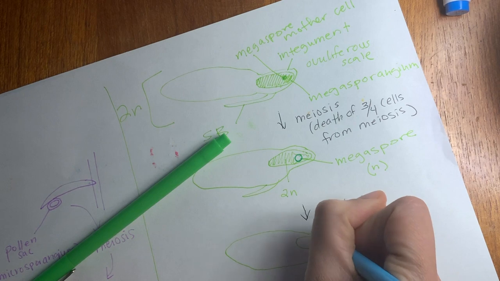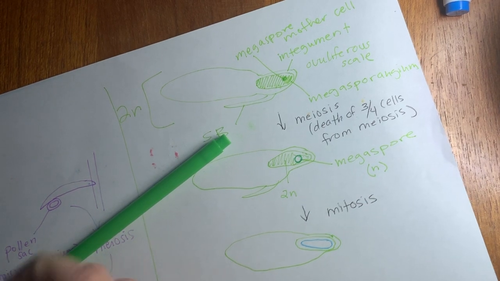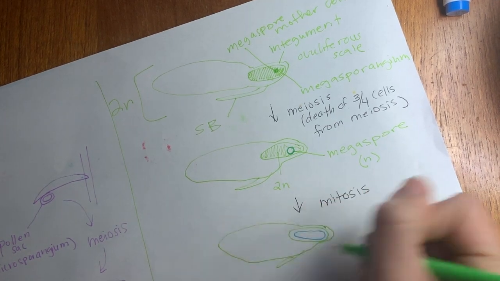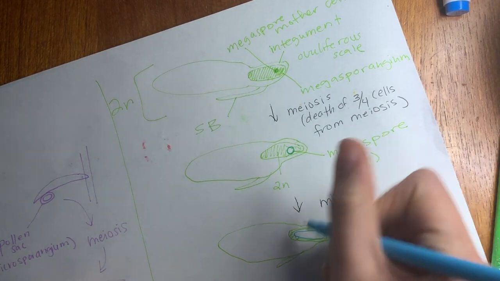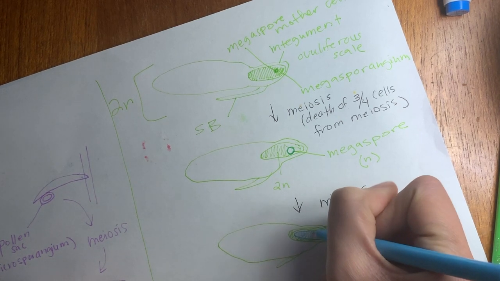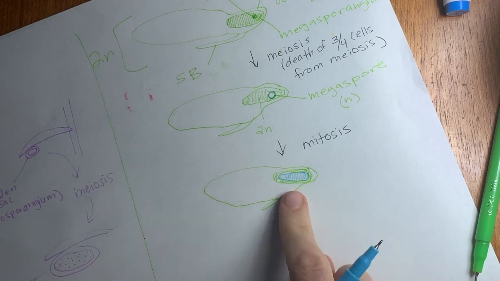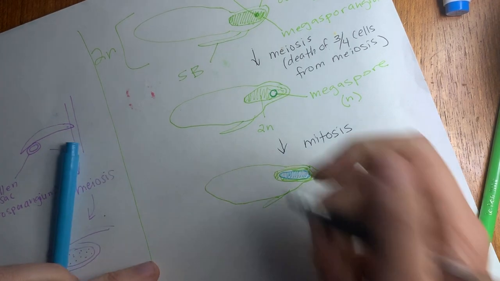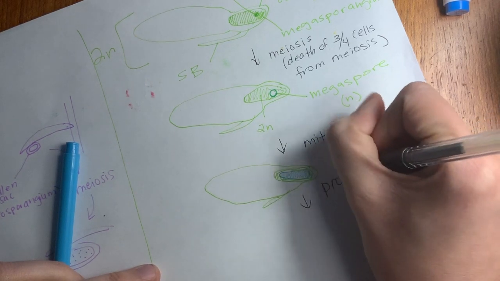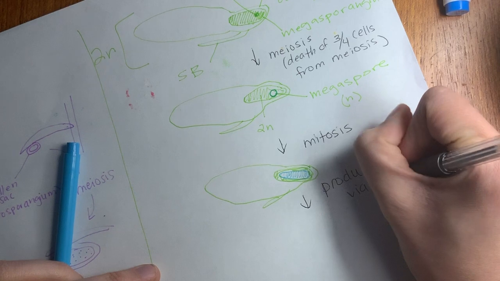So this is going to divide and produce our megagametophyte, right? So now we have this 2N tissue, and this is now haploid tissue. And what is the megagametophyte going to do? It's going to produce eggs. Mitosis, right?